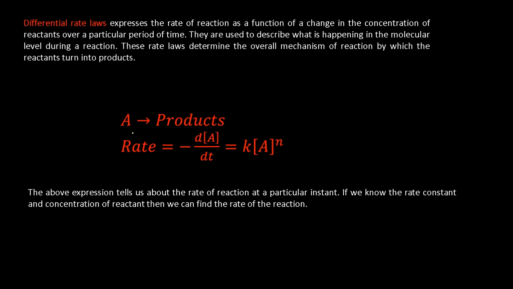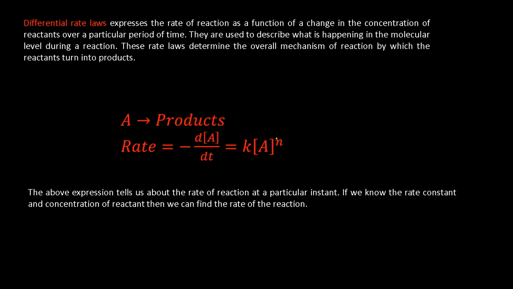If we take a hypothetical reaction, A gives us products, so we can write rate is equal to negative change in concentration of A divided by change in time is equal to rate constant k multiplied by concentration of A power small n.